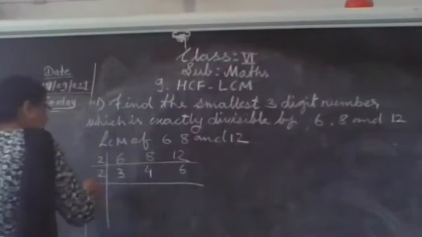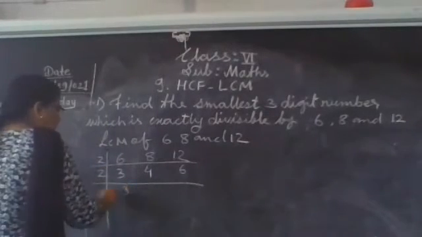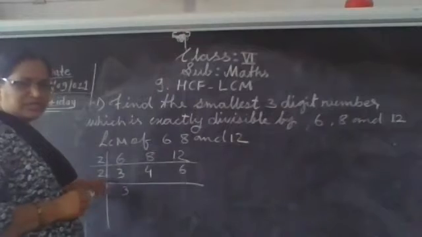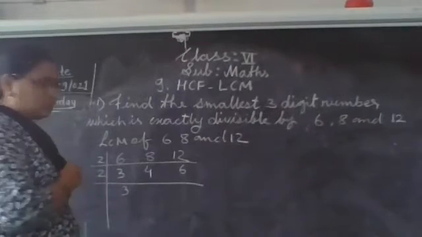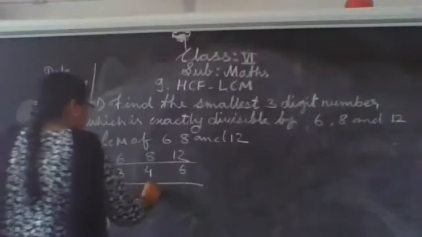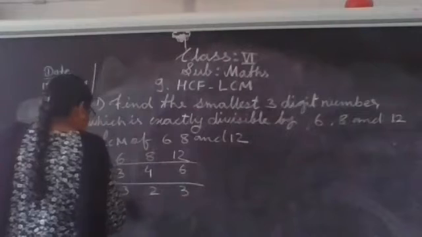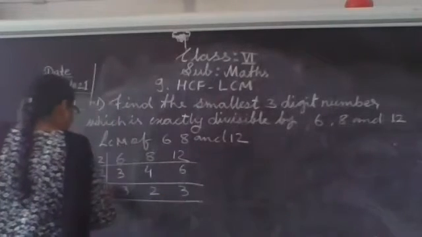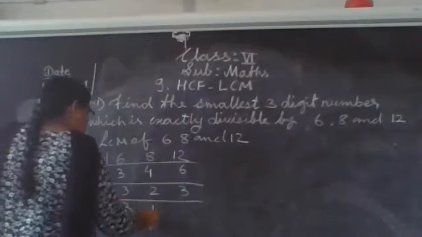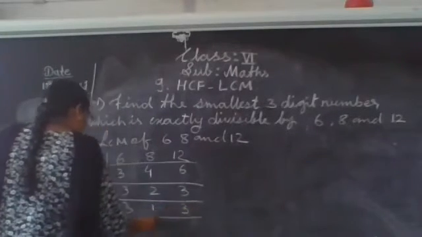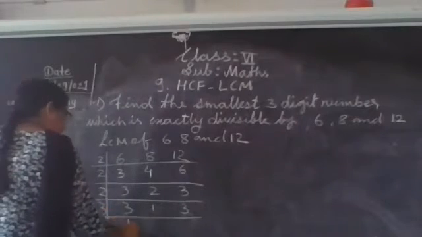Again we will take 2, write down 3 as it is, because 3 is not divisible by 2. 2 twos are 4, 2 threes are 6. 3, 2 ones are 2, 3. And 3 ones are 3.